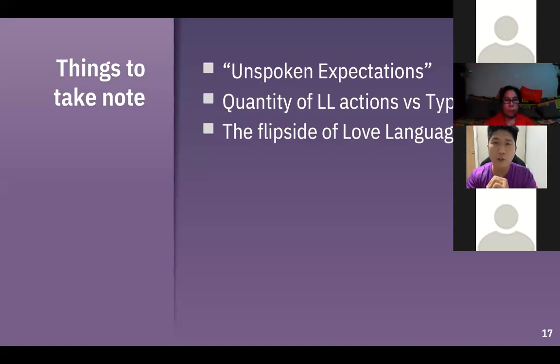If my love language is words of affirmation, what is my hurt language? It's also going to be words of affirmation, right? So if you give me words of affirmation, I will feel extremely happy, which also means that if you destroy my words of affirmation, I will be extremely sad.